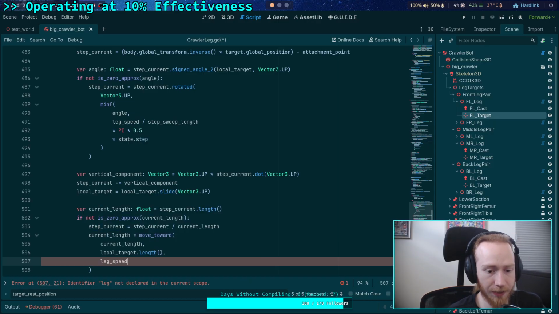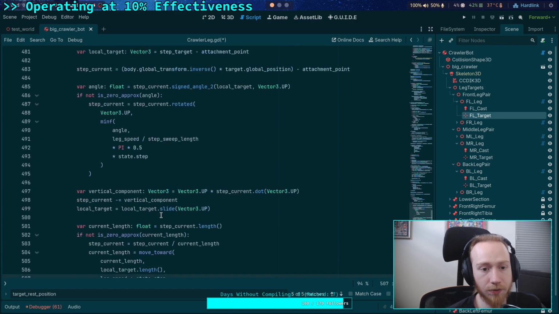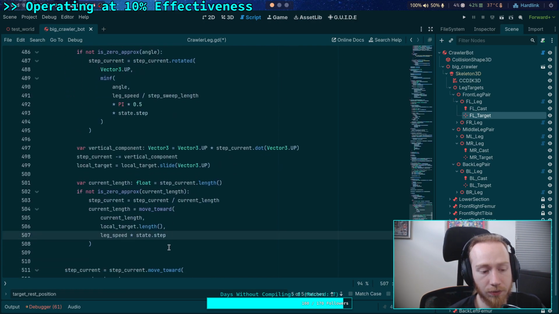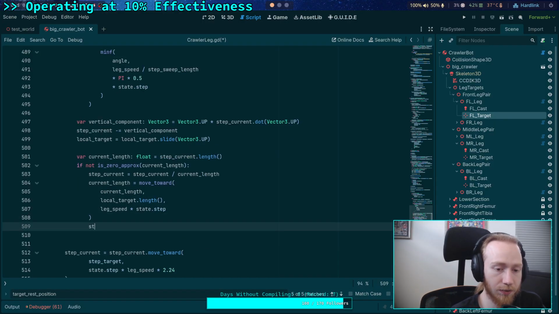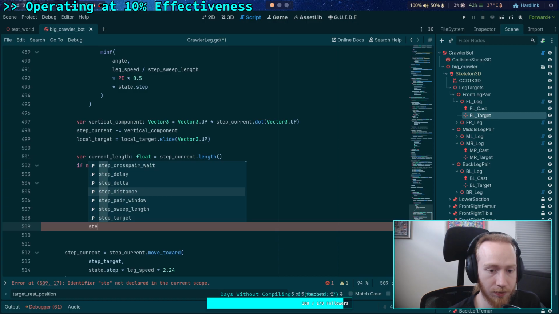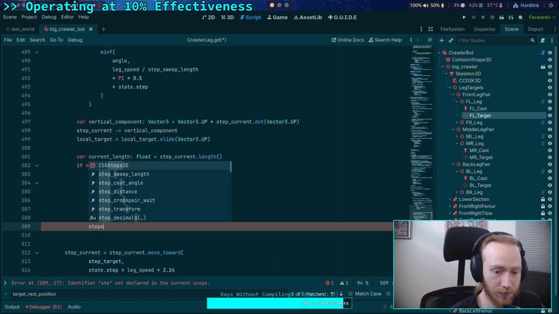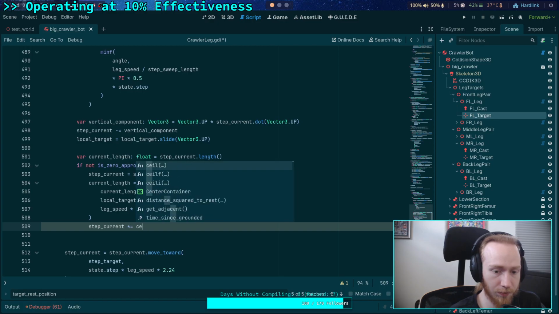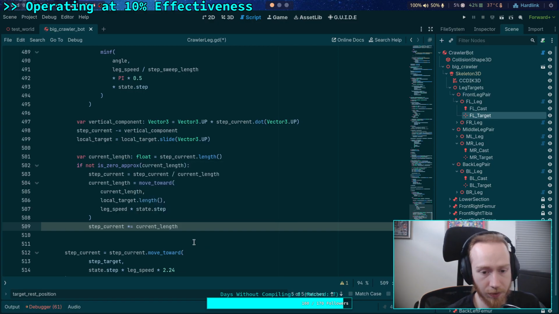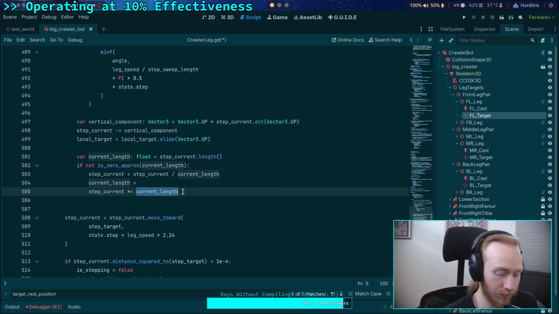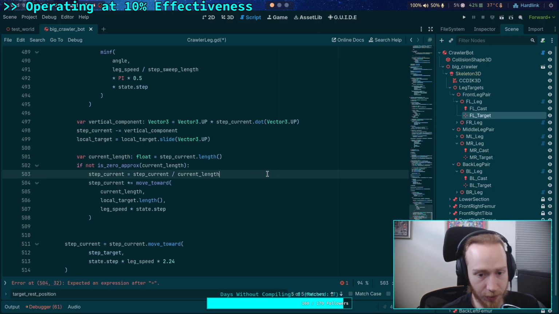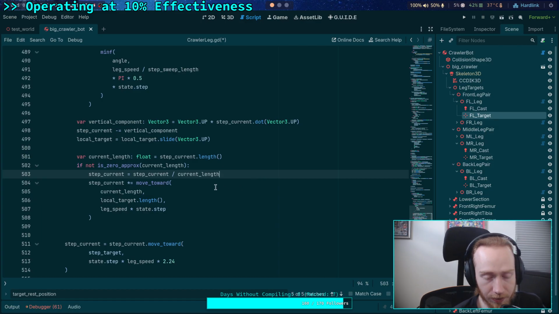So I guess I just say leg speed times state step. And then I guess I actually just do this: normalize, and I just multiply it out to that.